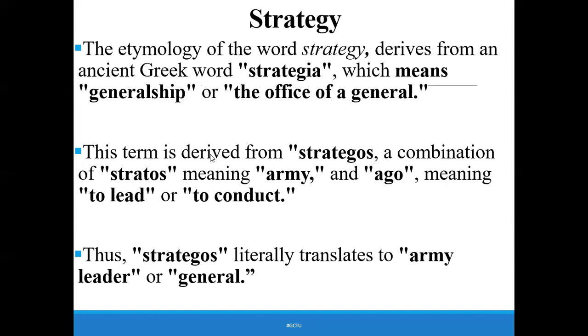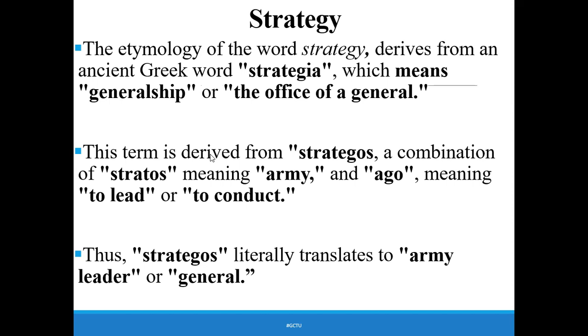Still in the Greek era, trying to make meaning of where strategy comes from, the derivation of strategos can also be broken down into two words, stratos and ego.